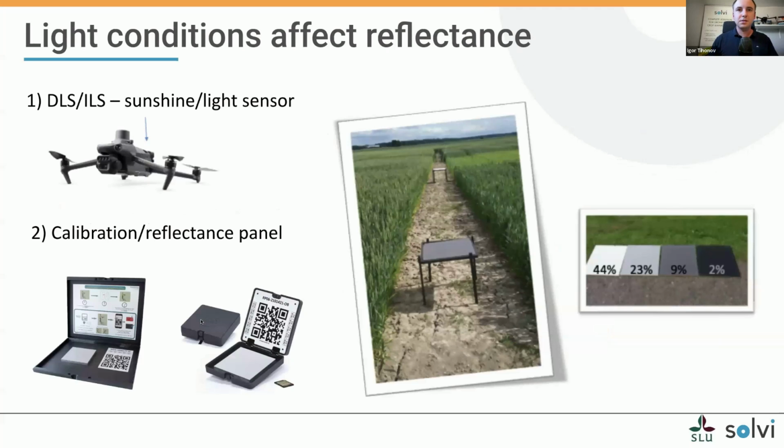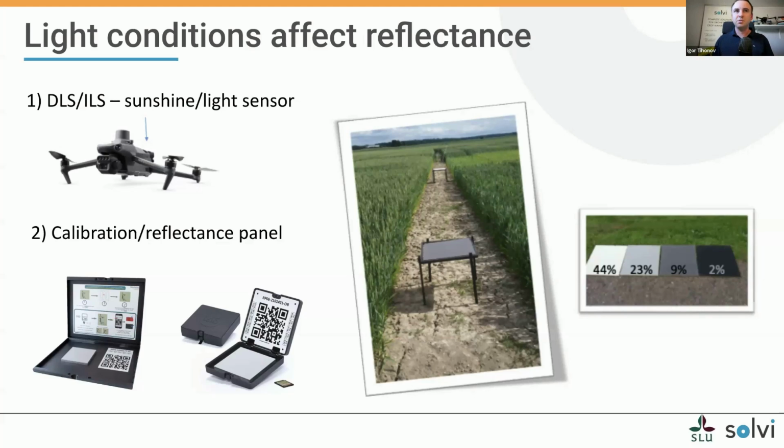Now, when collecting these images, it is really important to consider the light conditions during the time of collection. Many times, especially if you're working with research and collecting imagery over different field trials, you want to compare the data over time. And if you're doing work like Mats and Kristin, who use data from different sensors and even apply these types of analysis to satellite imagery, you want this data to be comparable.